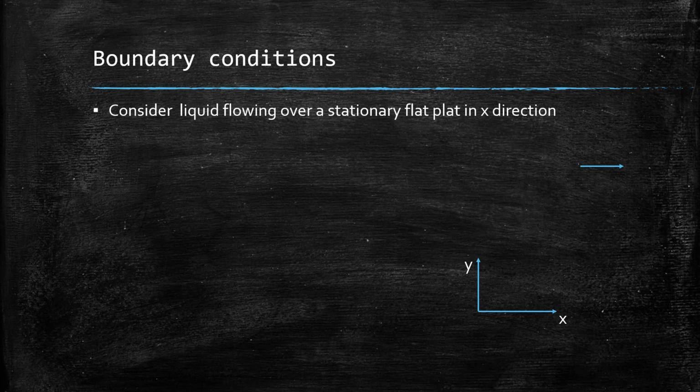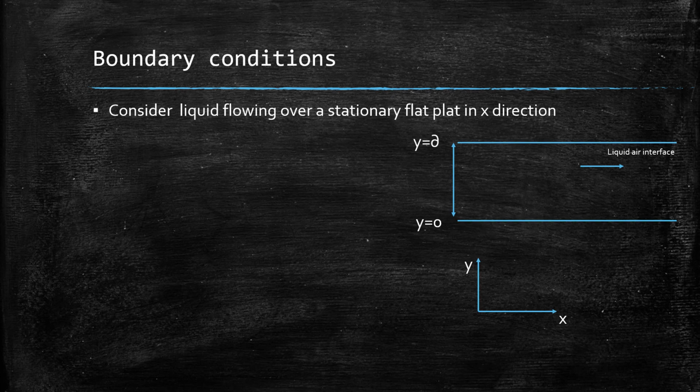Now consider a liquid flowing over a stationary plate in the x direction. So there are two plates. Now this is the liquid air interface, right? There is some liquid at y is equal to 0. The plate is stationary, and there is a layer of liquid passing over the plate.